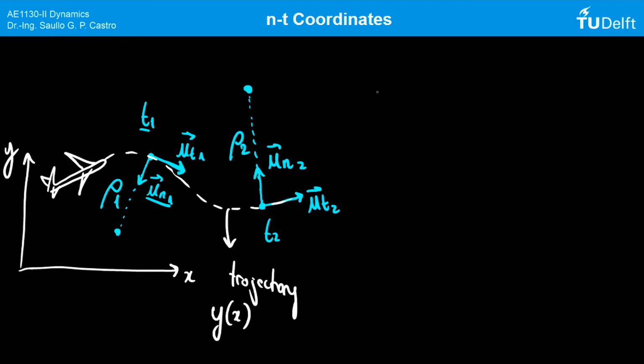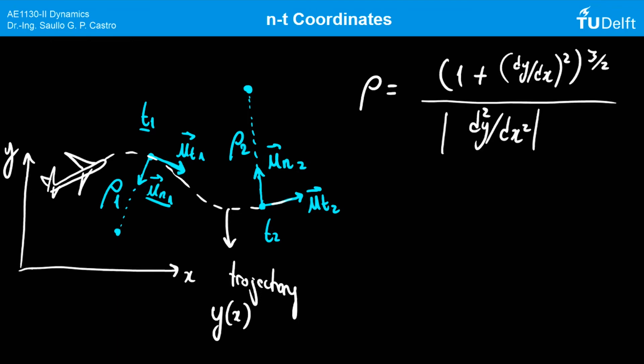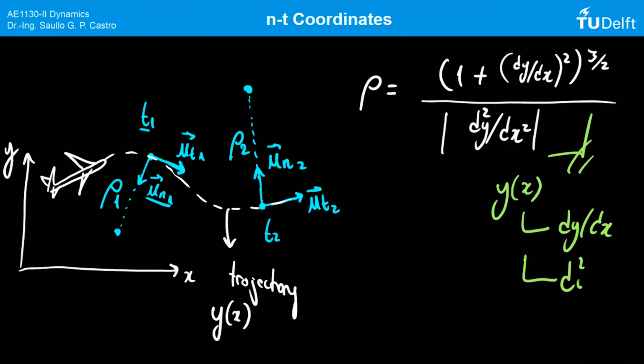Using the definitions of calculus, we can define the radius of curvature as given by this function. So if we know the function y of x, we can easily calculate dy dx and the second derivative d2y dx2 in order to calculate the radius of curvature.